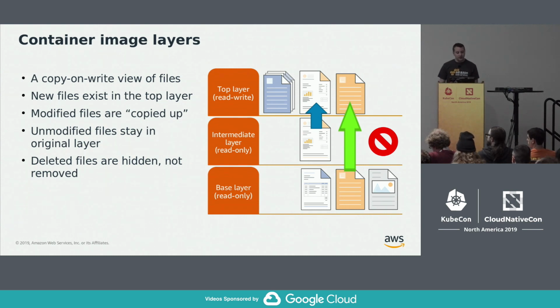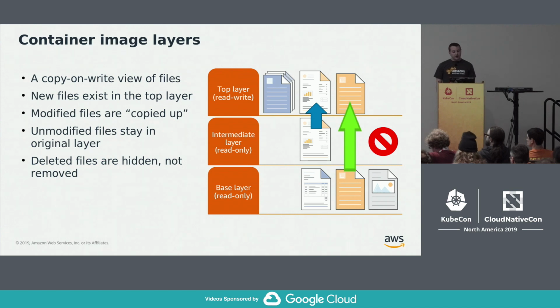The one labeled the base layer is a read-only layer and has a few files in it. There's an intermediate layer above it that has one of the files that goes straight through it, another one that is modified or replaced, and a third one that is deleted. And then there's a top layer which has another new file and shows 2 of the files that are shown through from previous layers.